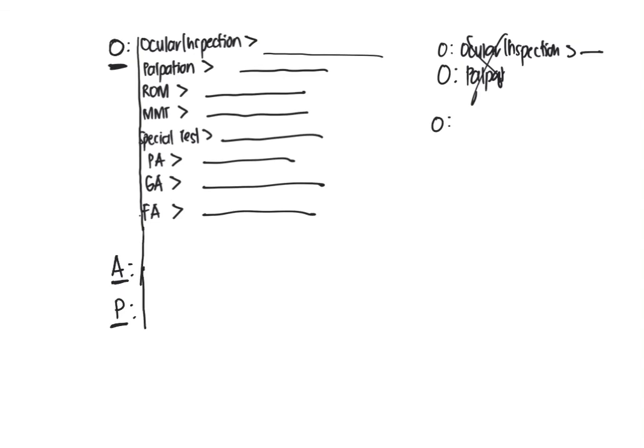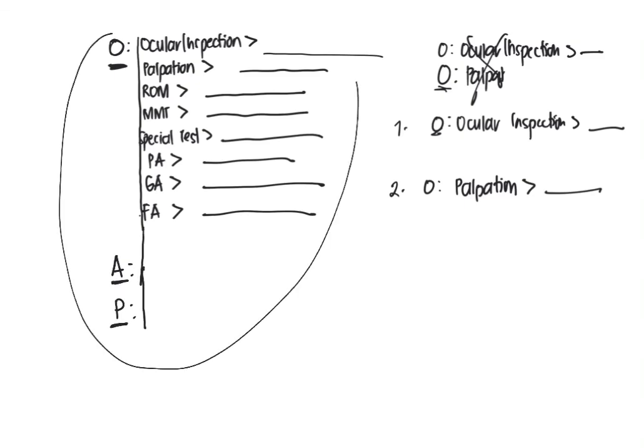Kung O, ocular inspection, and then findings. Because this is number 1. Halimbawa, number 2, you're asked again, O. And isusulat mo ulit, O, palpation, greater than sign, and then findings. Okay? But if you're going to write it in the whole document, you don't need to write O each time. Okay? This will suffice.